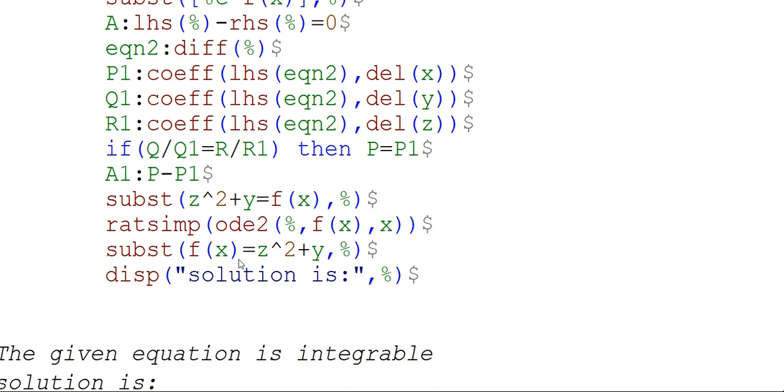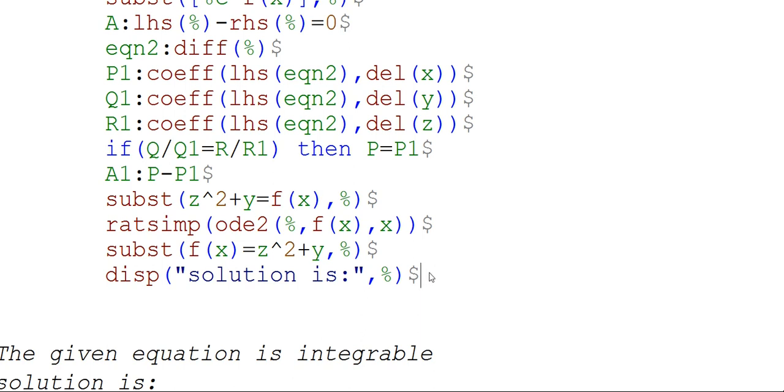So now again I should substitute here f of x as y plus z square comma percentage, that is the previous expression. The solution is percentage, that is the previous one. Otherwise these three steps you can call by any usernames that you like, and mention those usernames in the next steps.